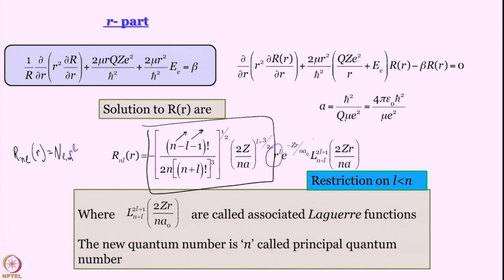I have a polynomial which depends on n plus L as well as 2L plus 1, and this polynomial is in 2Zr divided by n a, and these polynomials are called associated Laguerre functions.